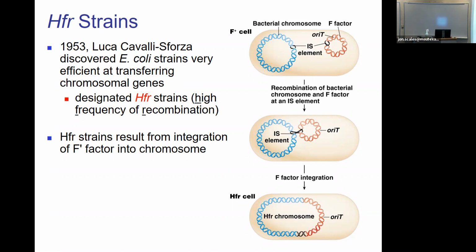And they could mix them together with no antibiotic, let them conjugate for a while, and then they could find recipient cells that were now resistant to the antibiotic. So what they knew was antibiotic resistance was getting transferred from the donor to the recipients, but the recipients could not transfer that resistance again. So they knew that it came from the host chromosome. So they said, well, we could use that to map the host chromosome genes.